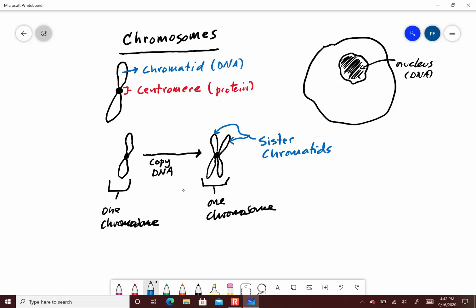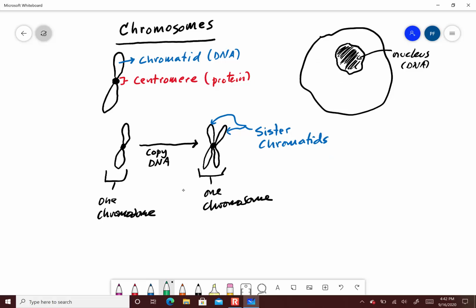So it's kind of important to understand that those are things we're getting when we're copying the DNA. And when we do the first lecture on what's called the cell cycle, which is coming up next, you're going to see in that cycle we copy DNA. So we're going to go from having a single chromatid to having sister chromatids.